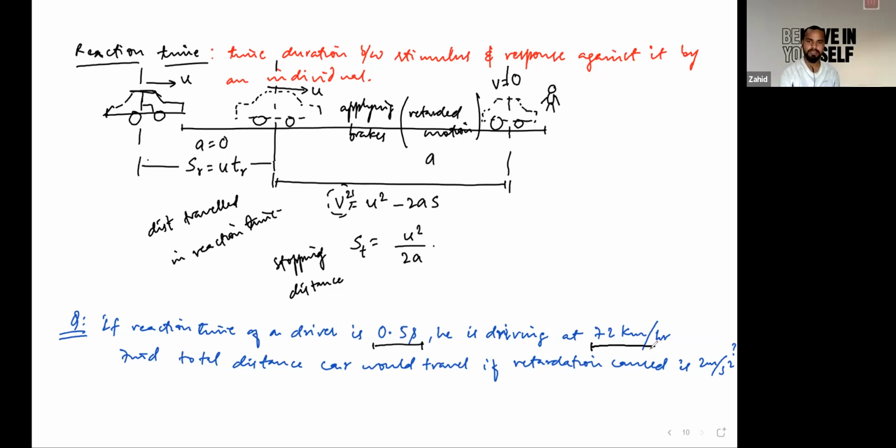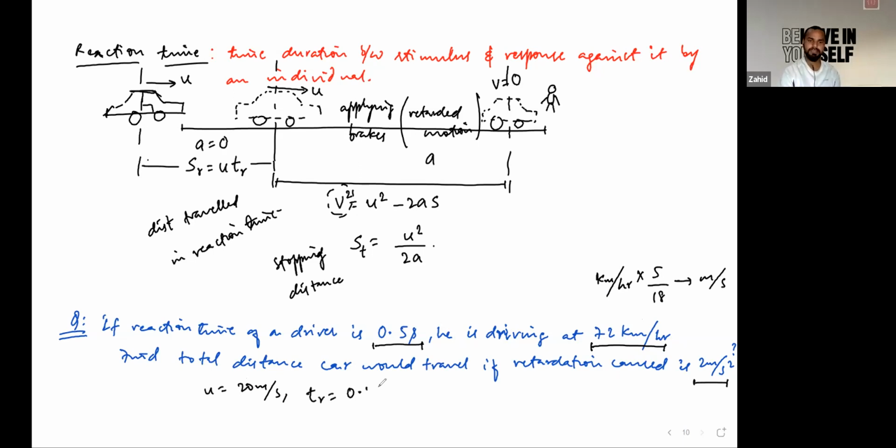This is your initial velocity. So first of all, convert this into meter per second. How to convert it? Multiply kilometer per hour by 5 by 18, and you will get your speed in meters per second. Here we have retardation as 2 meter per second squared, or A. So you will get U equals 20 meter per second.